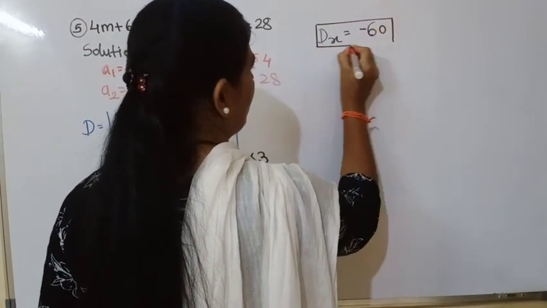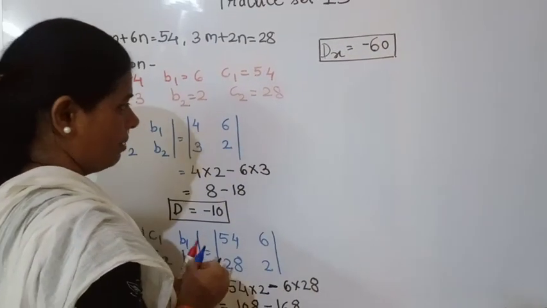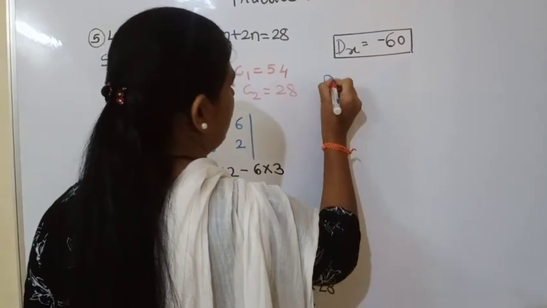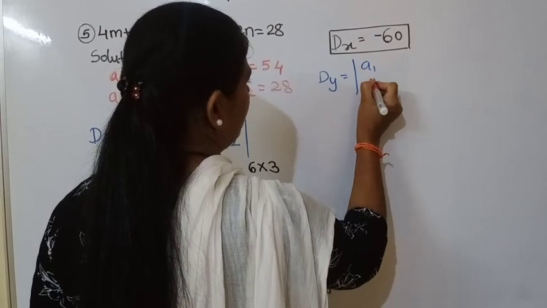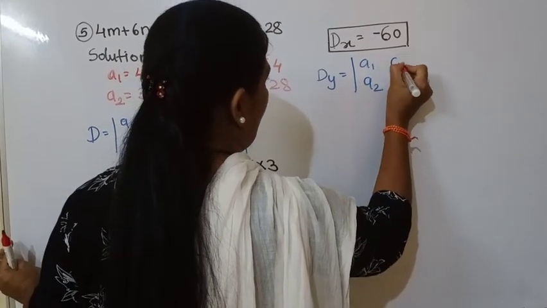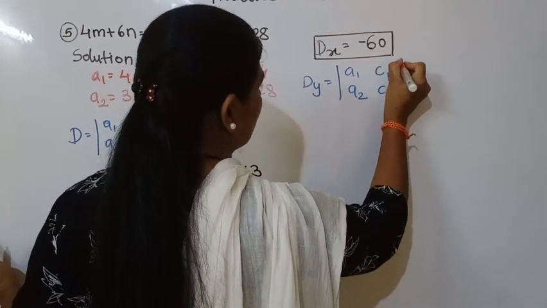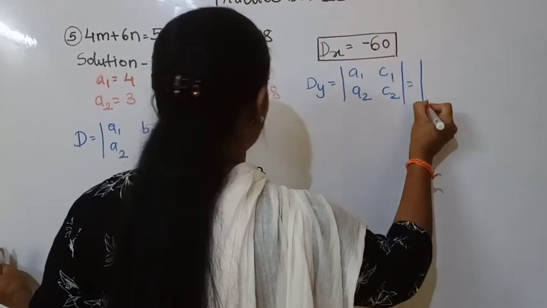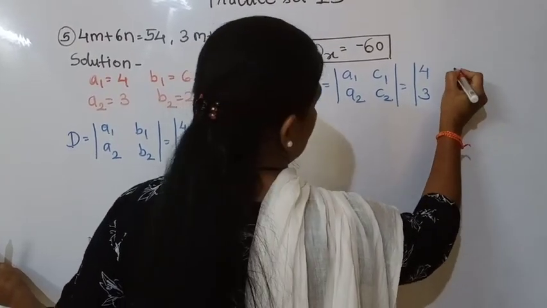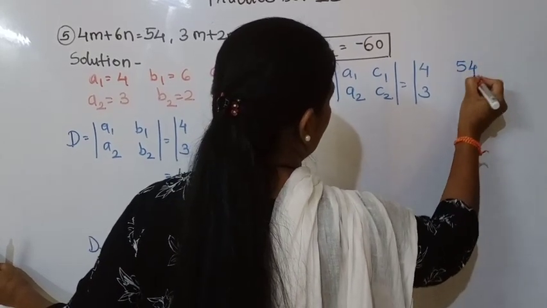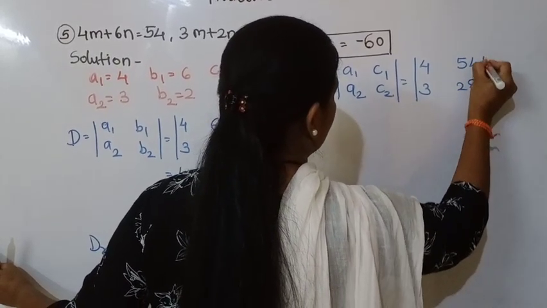Okay. Now what we'll do? We'll find dy. So dy equal to, the formula is a1, a2 and c1, c2. Substitute the values. a1, a2 that is 4, 3, c1, c2 that is 54 and 28.